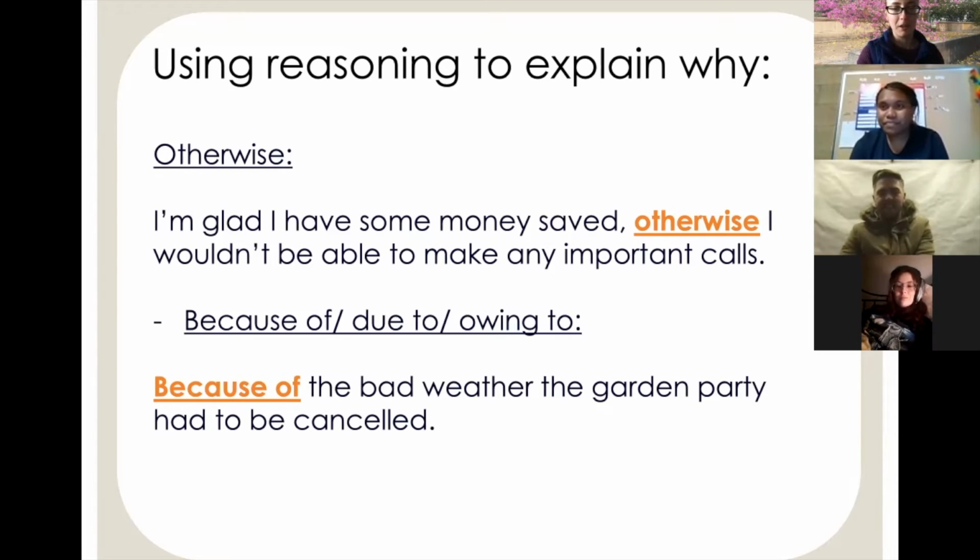Agnes, can you think of one with otherwise? If it wasn't for the lockdown, I would have gone to the campus. Sorry, I can't think. If it wasn't for the lockdown, I could have been home.